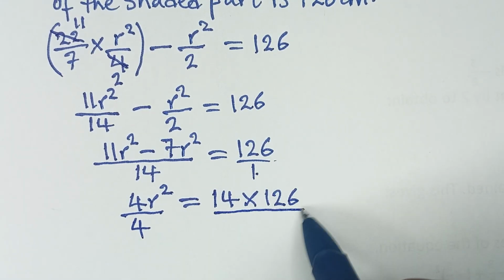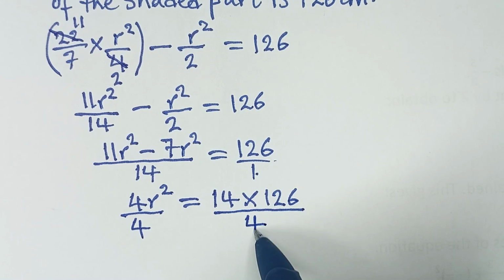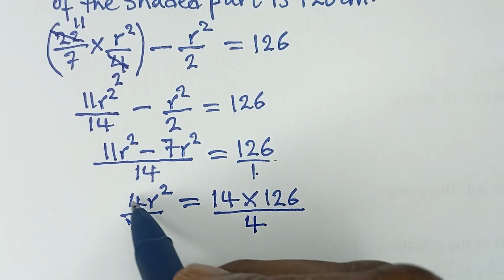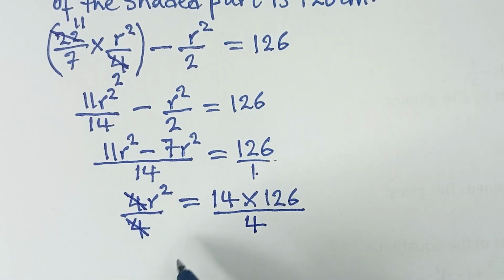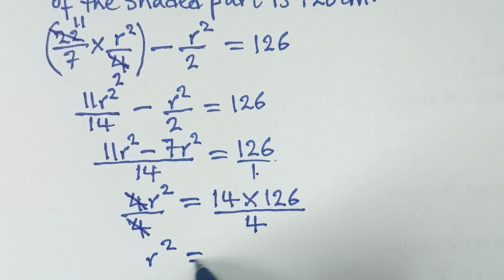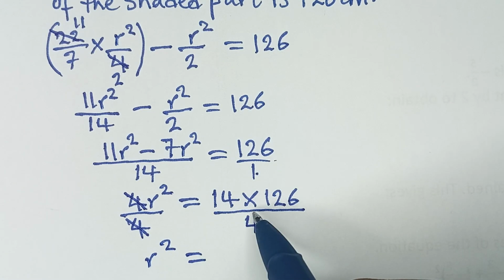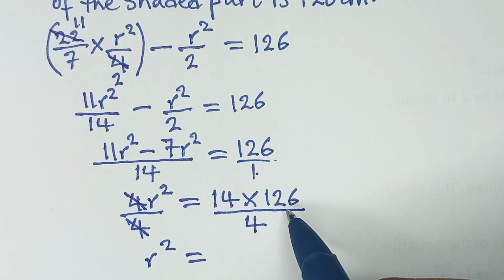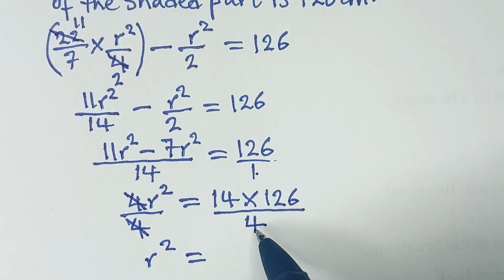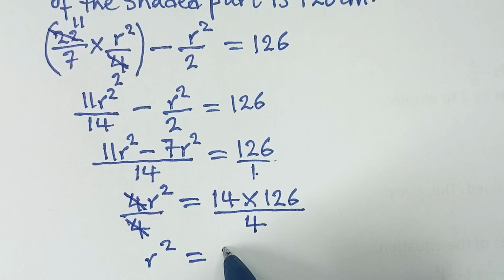So 4 is going to cancel 4, and I'll be left with r square is equal to 14 multiplied by 126 divided by 4.